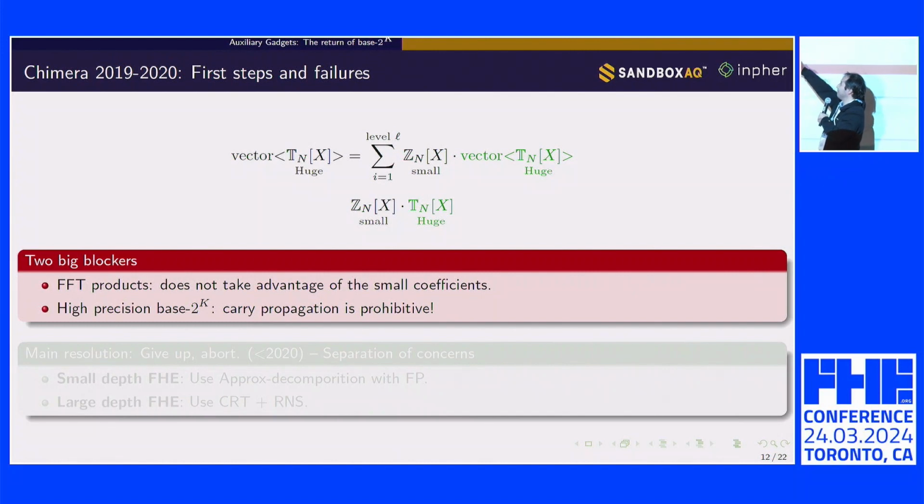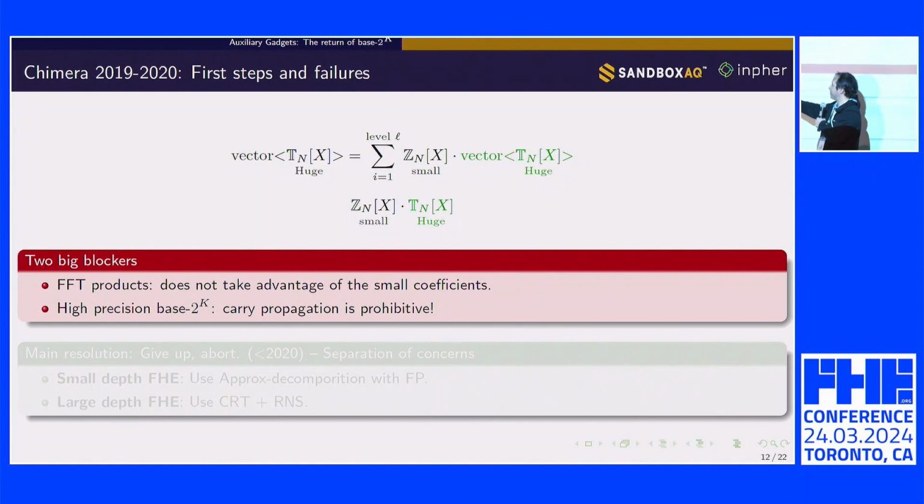And when we have to do such products, we were trying to use FFT. And the problem is that FFT will never take advantage of the fact that one of the coefficients is small. In both cases, we had to compute a high precision FFT to be able to evaluate the product. So that was one of the blockers.